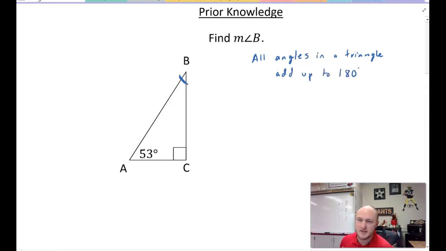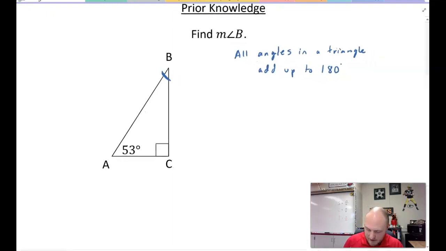It's called the triangle sum theorem. And especially for right triangles, they have an angle that is 90 degrees. So this means that the other 2 must add up to 90. So there's 2 acute angles, measures less than 90.